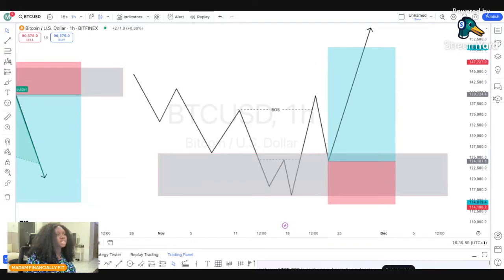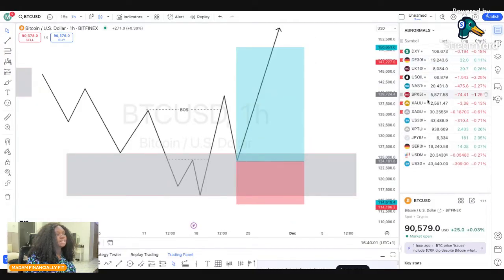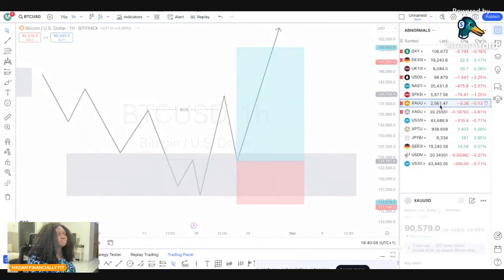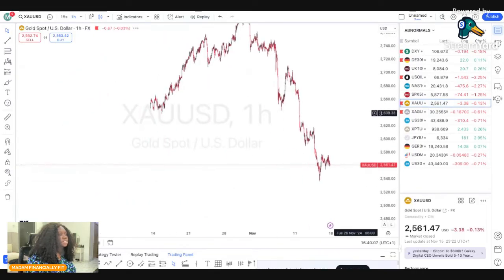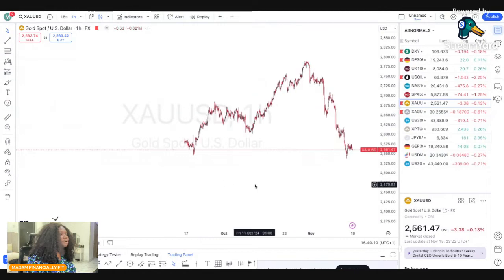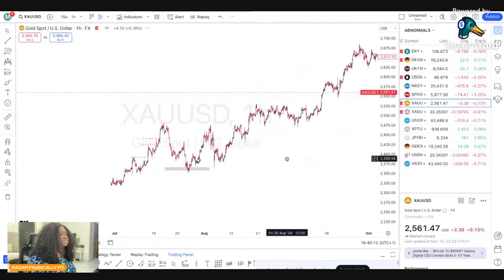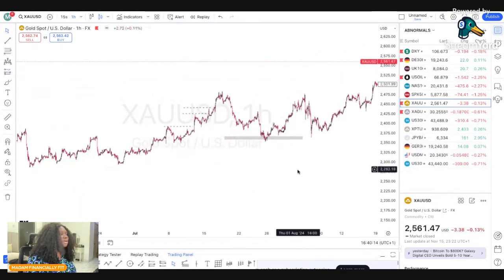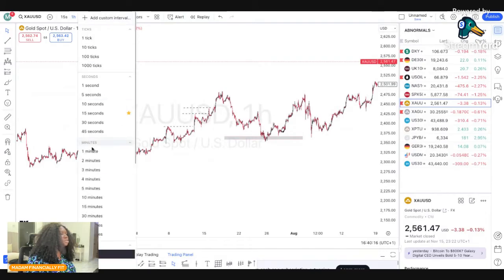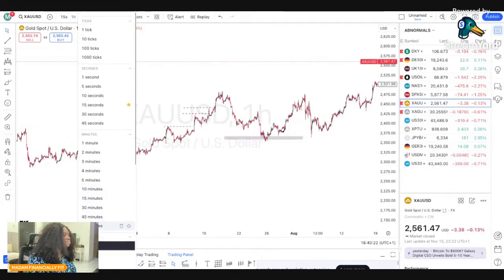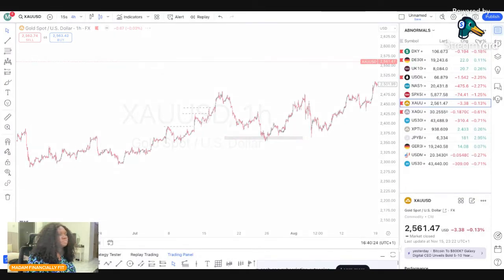Now let's go to the charts. I have one I've been looking at to explain to you in gold. Now look at gold. Let's look at it on the 4 hour time frame.